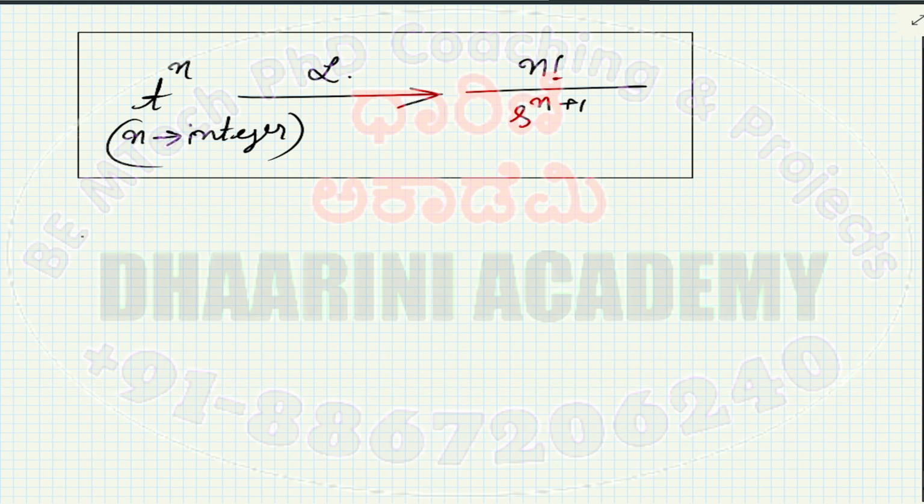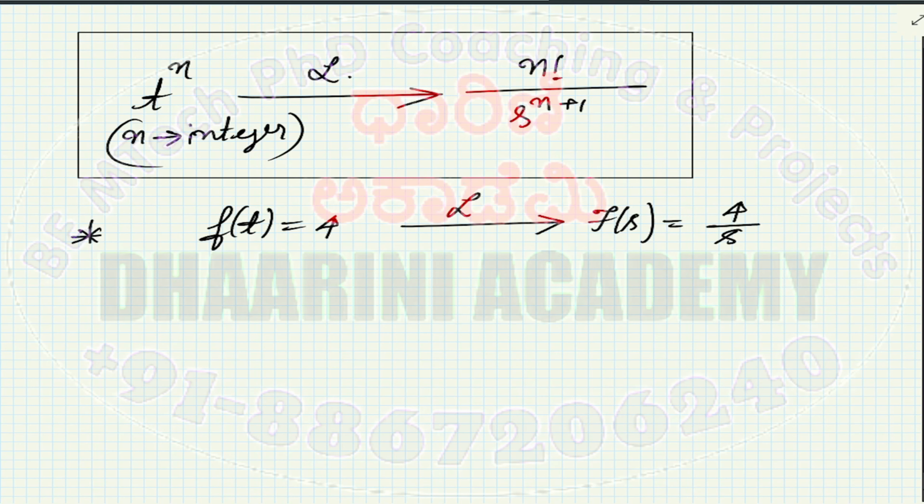Okay, so let's quickly go through some of the standard questions here. So my question is f of t is equal to 4. From the table, I know that F of s will be a by s. So this is 4 by s. Okay, see that's why the table is very important and it makes the problems easy for us to solve.